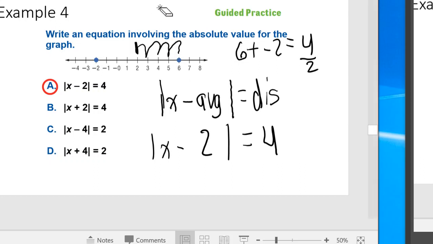Well, what's my formula again? It's x minus average equals distance.